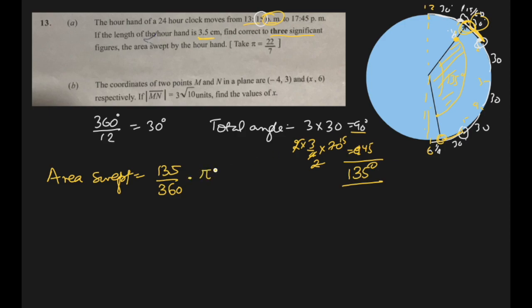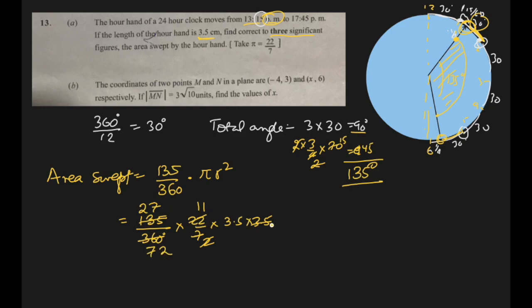So pi r square. Let's plug in the values. 135 divided by 360 degrees multiplied by pi, they said is 22/7. R is 3.5 times 3.5, r square. So let me cancel this. 2, this also cancels. 11, 5 can divide this. 27, 5 will divide this as well, which will be 72.